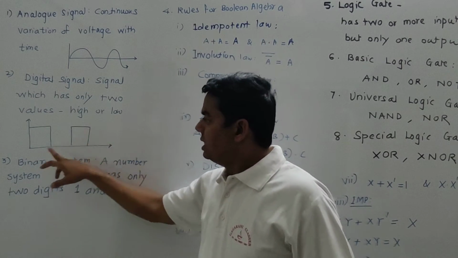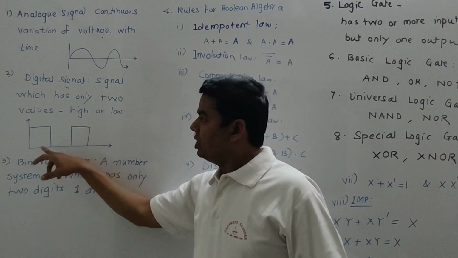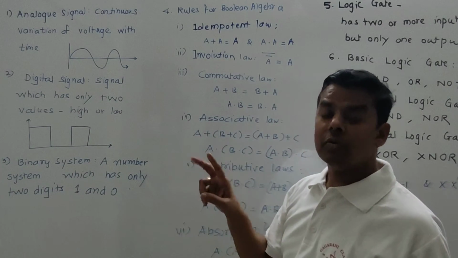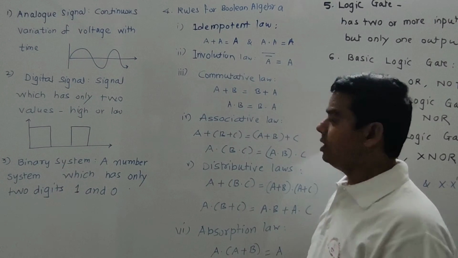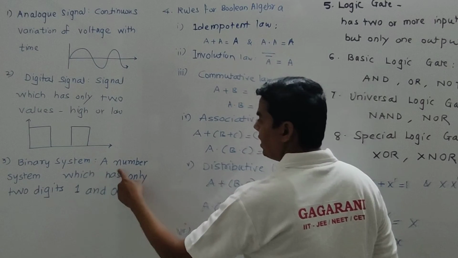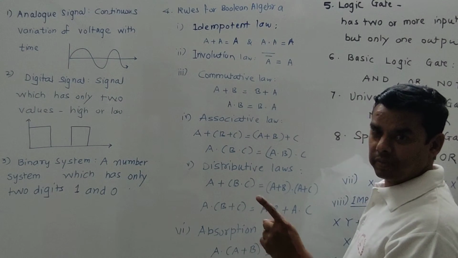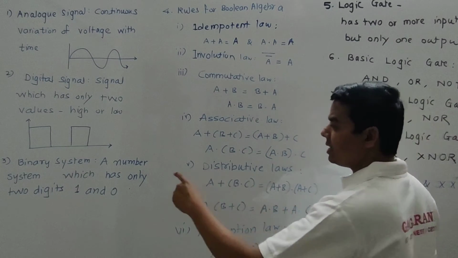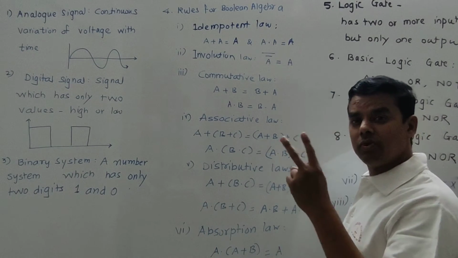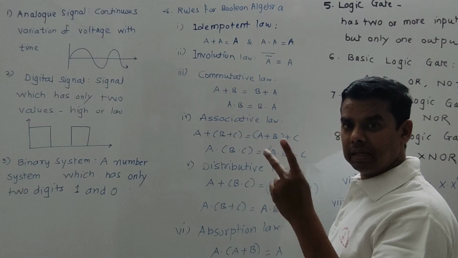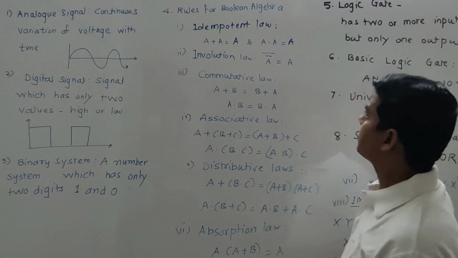That is 1, 0, yes, no. So a digital signal follows binary language. What is the binary system? A number system which has only the digit 1 or the digit 0. That is, a number system which follows only two numbers, 1 and 0.